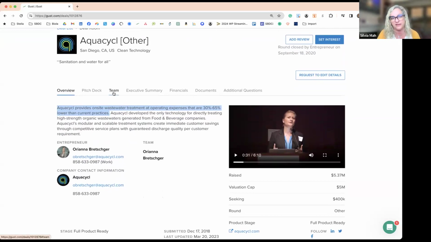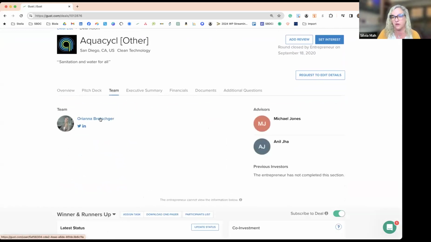But then of course, when you look at the team right here, she only has herself, but she has these advisors over here. So this is a very sparse one, right? If I was trying to convince an investor like Shunya, I would want to build out who is my team, because I want them to be easily accessible, right? I'm going to go into it a little bit further along, is that it depends on how far you want to get into, let's say, the process of SDAC.